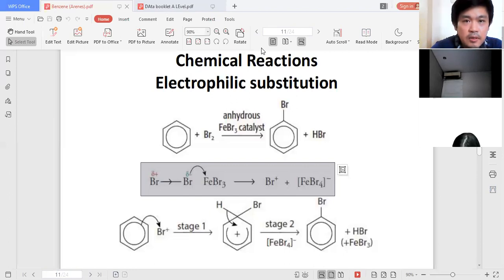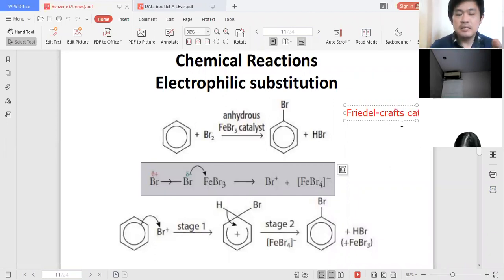In some textbooks, it is written as Friedel-Crafts catalyst. This is for benzene.